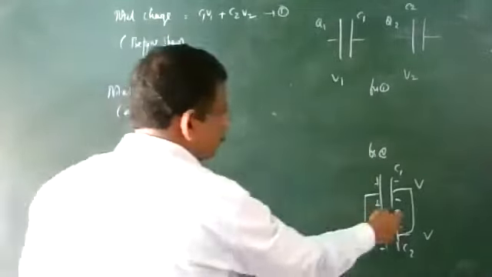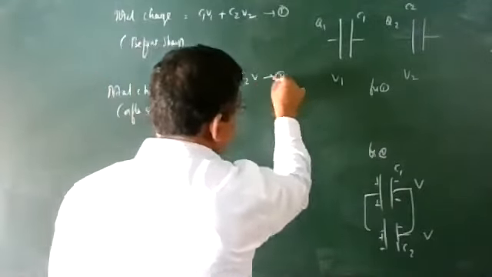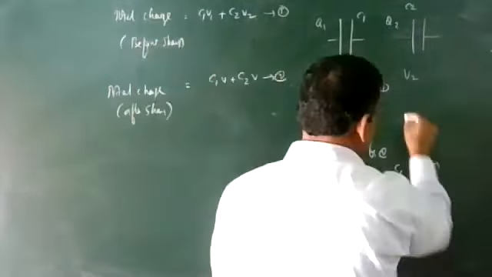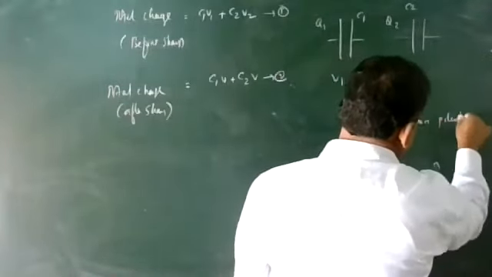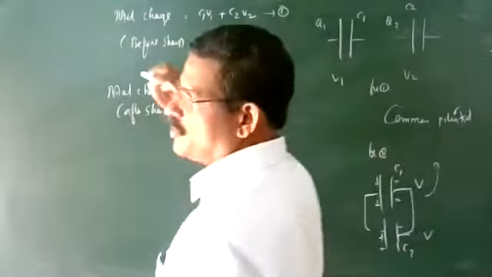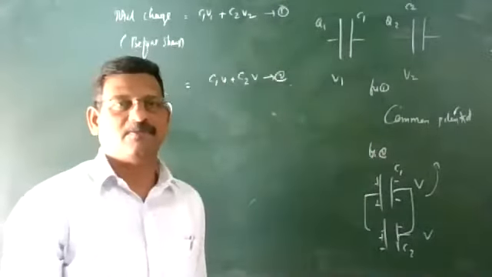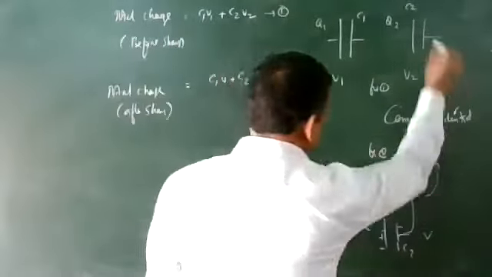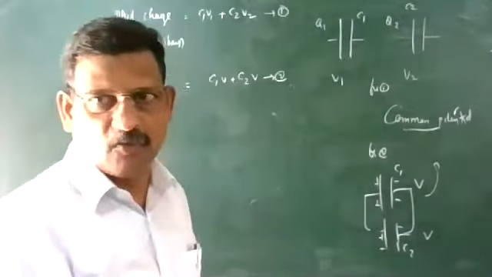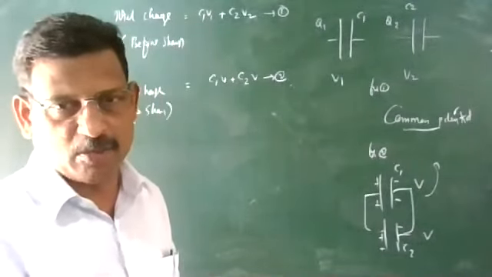After sharing, total charge is equal to the first one's charge C1 V and the second one's C2 V, where V is the common potential. We are discussing the term common potential. When they are sharing the charges, charge flows from higher potential to lower potential till they take the same potential.